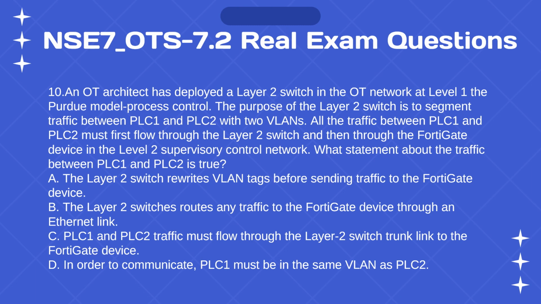A. The Layer 2 switch rewrites VLAN tags before sending traffic to the FortiGate device. B. The Layer 2 switch routes any traffic to the FortiGate device through an Ethernet link. C. PLC1 and PLC2 traffic must flow through the Layer 2 switch trunk link to the FortiGate device. D. In order to communicate, PLC1 must be in the same VLAN as PLC2.